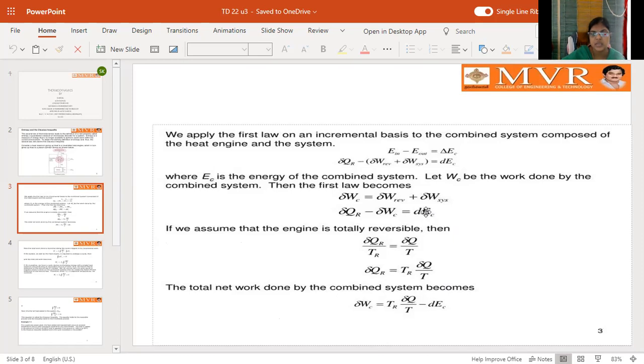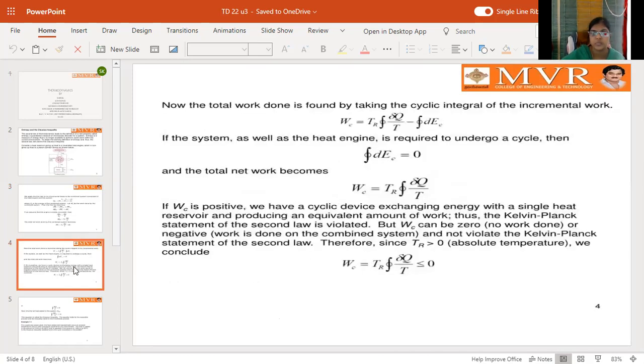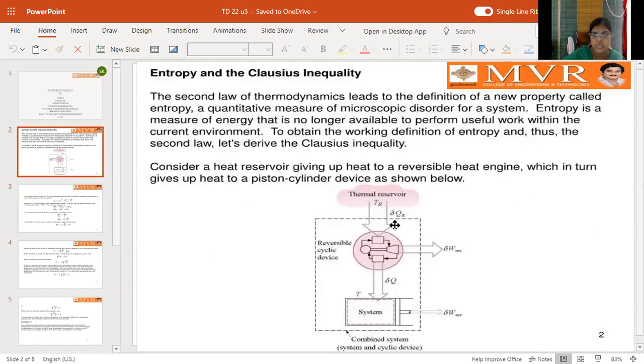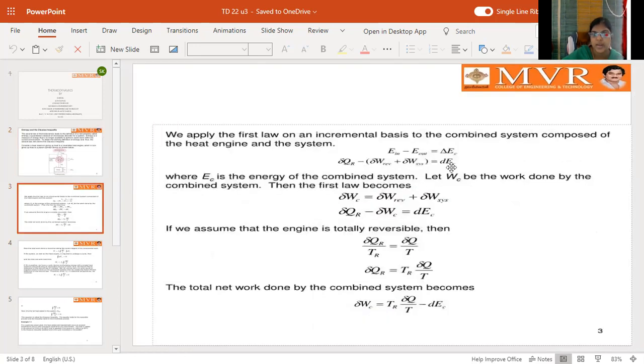Actually, delta E is 0 here. So I will discuss it again. Energy in minus energy out is equal to delta E. Energy in and energy out is the work done of the reversible plus the work done of the system, which is equal to the total combined energy.